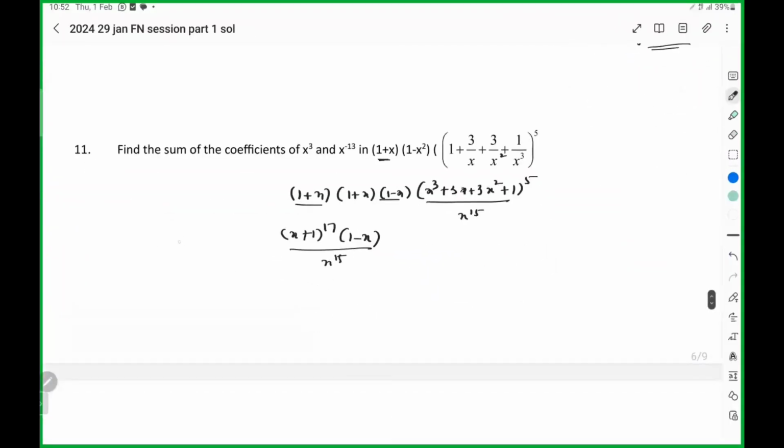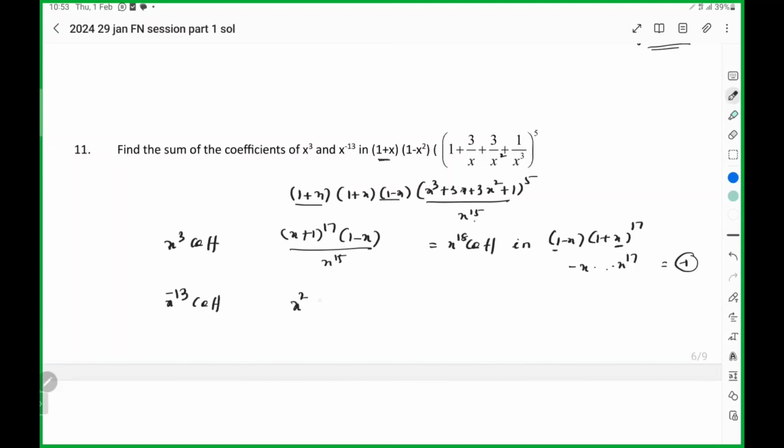So what you have to find out is, suppose the x cube coefficient, which is same as the x power 18 coefficient in (1 minus x) into (1 plus x) whole power 17. Here 1 into maximum x power 17, not possible, minus x into x power 17 last term, you get x power 18.